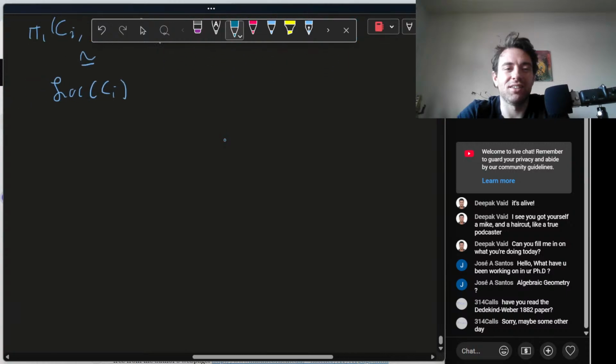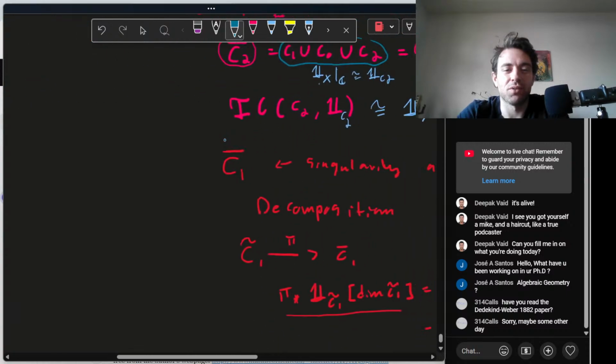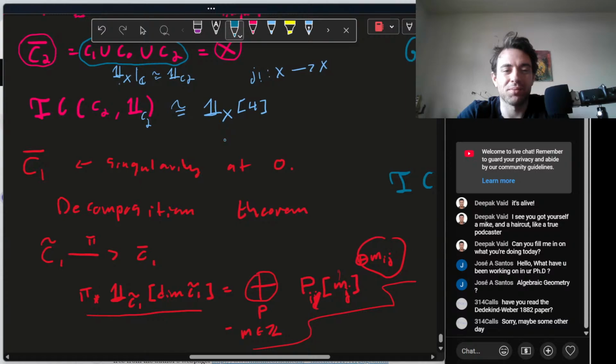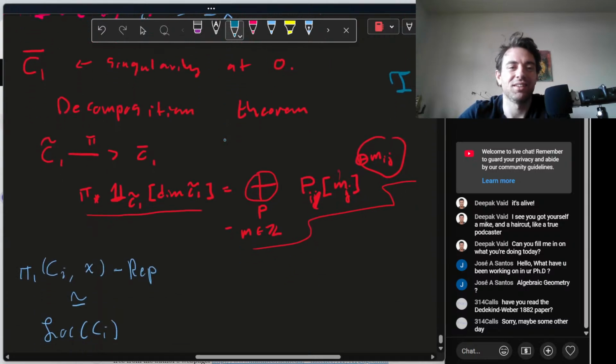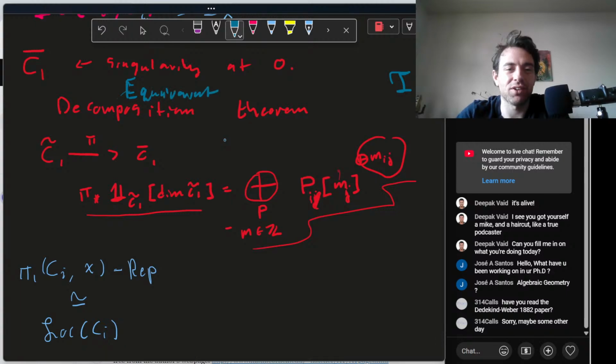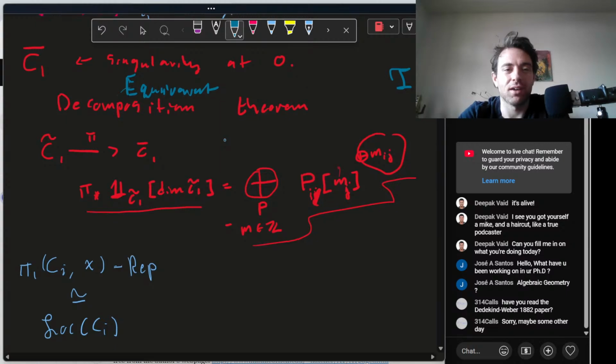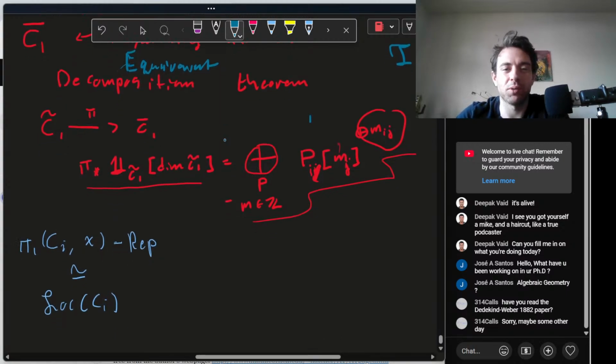And then the equivariant decomposition theorem tells me that I only have to worry about the equivariant perverse sheaves here.